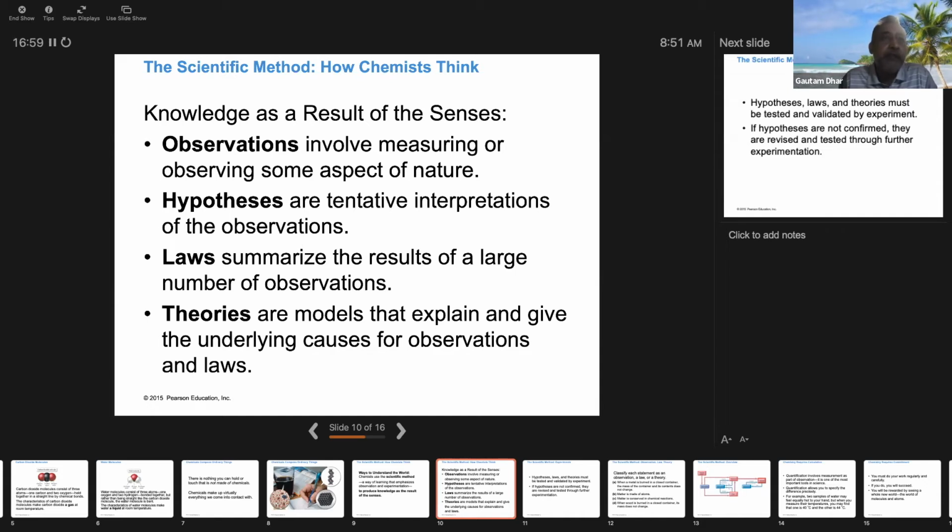So a theory explains the law, and that explanation may be correct or may be a hypothetical one. Like when Einstein gave his theory of relativity, it's called a theory because he tried to explain the observations of the time.